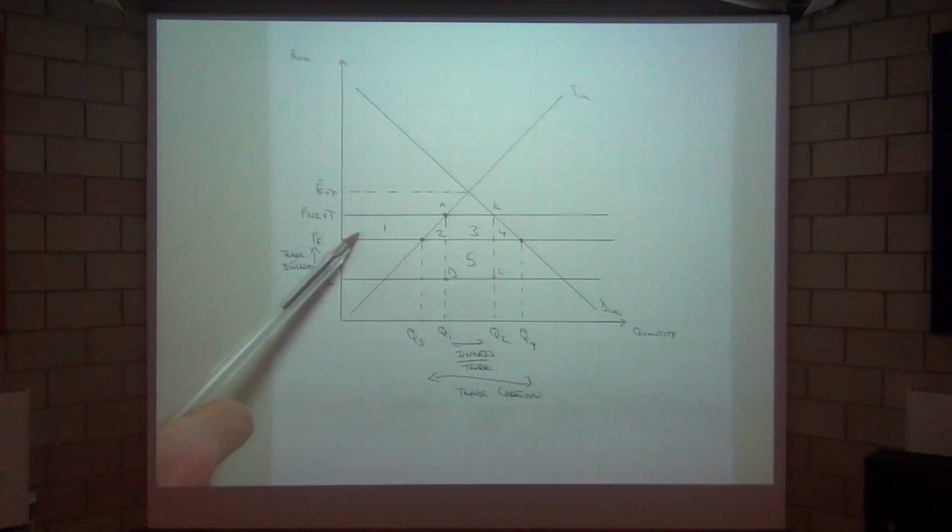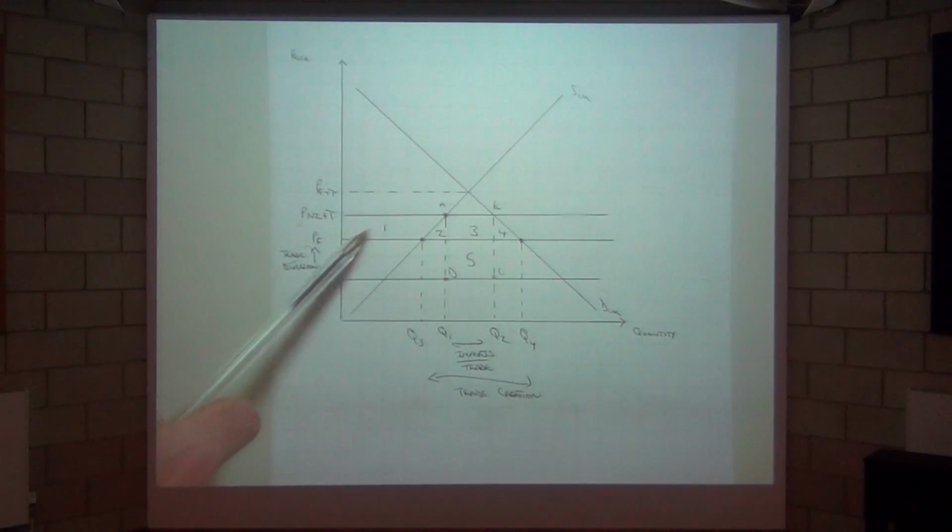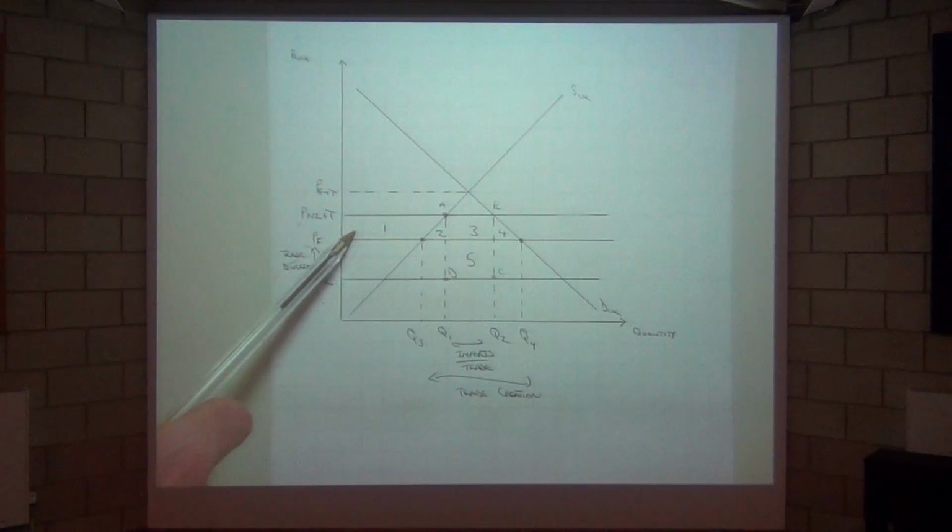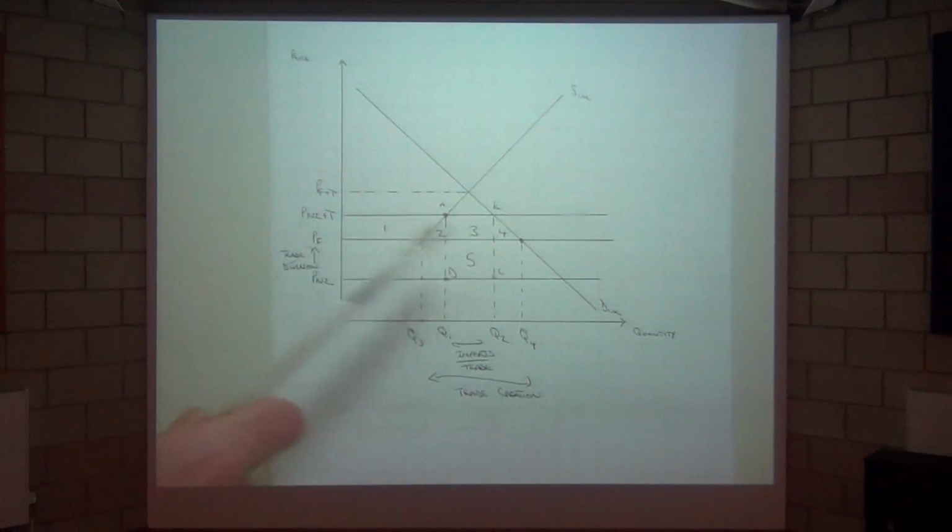Area 1 we can also see is an area of loss for producers, because it is an area of loss of producer surplus. You'll remember that producer surplus is the area above the supply curve and below the going price.